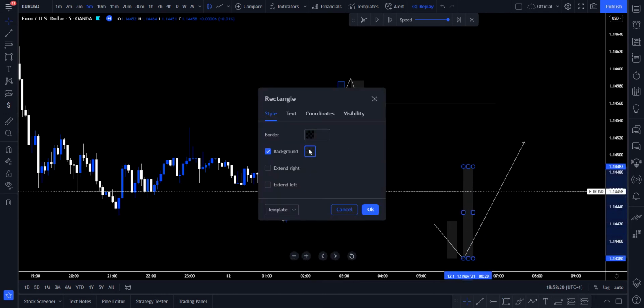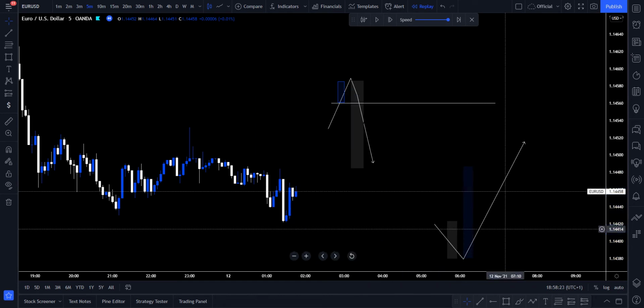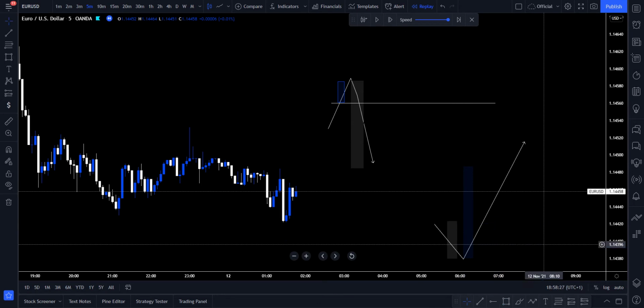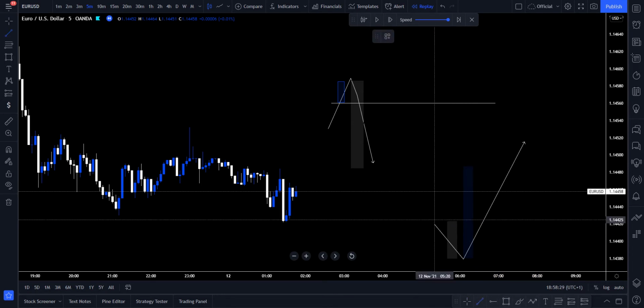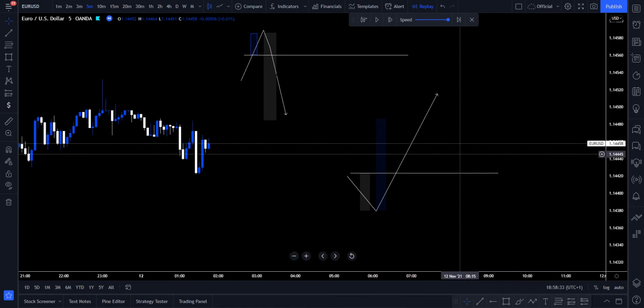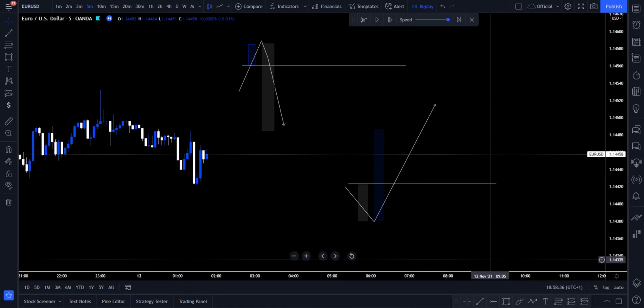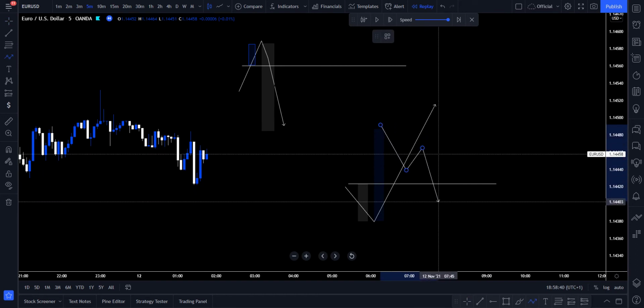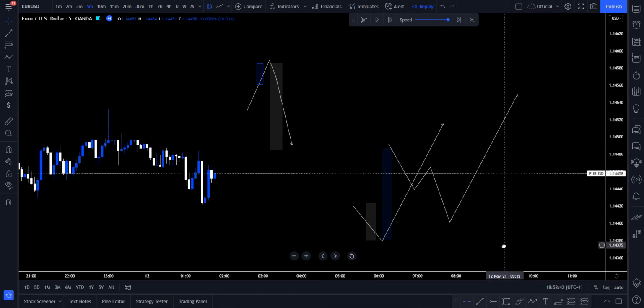Let's make this blue. I think you guys can understand me. Let me get the trend line right here, and this will be our demand area. So we are going to be waiting for some type of retrace around here for potential buys to the upside.